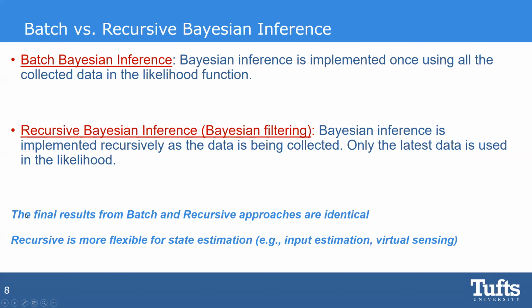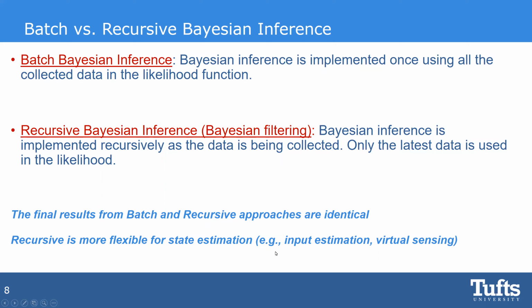The bottom line is that both give you the exact same final answer. The theory says that whatever you get from batch and whatever you get from recursive, at the end of the day, they are the same. But the recursive has more flexibility for some of the things we may be more interested in between.